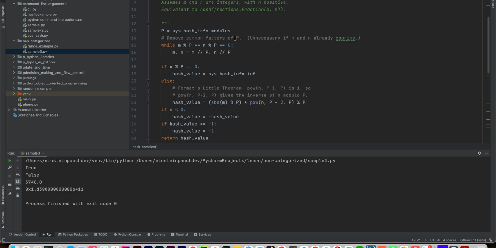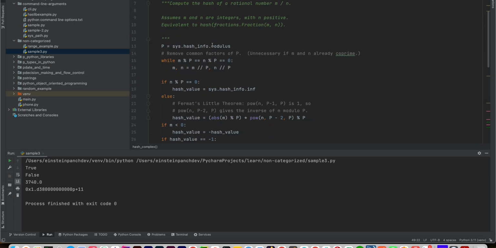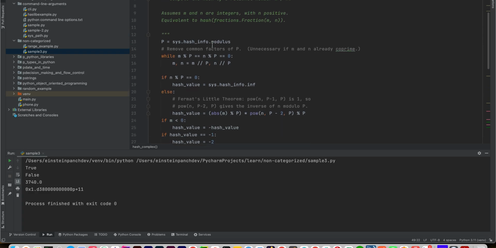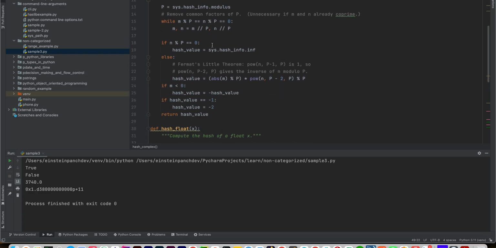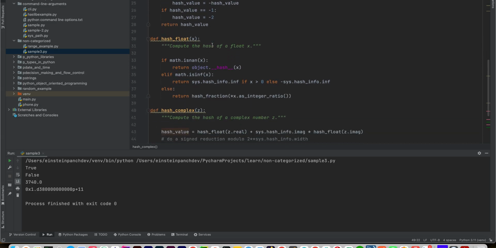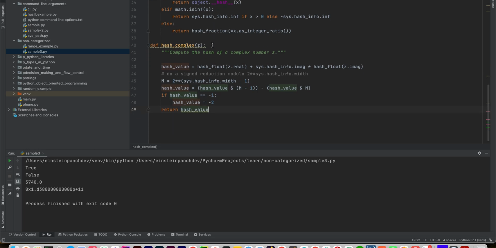Remove common factors of P, unnecessary if m and n are already coprime, while m mod P. Okay, these are the technical details you can go through. As float, as complex. Thank you.